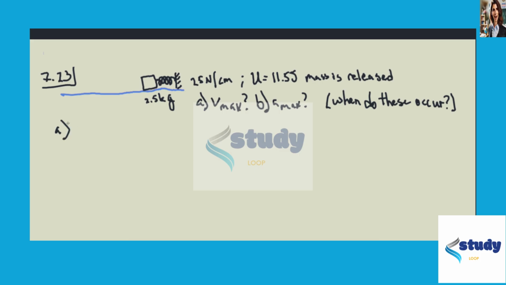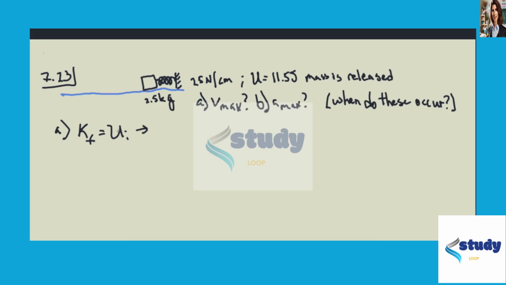So, part A, Vmax. The only thing doing work on the block is the spring after it's released. And so by the conservation of energy, we know, and it's released from rest, the final kinetic energy is going to be equal to the initial potential energy.